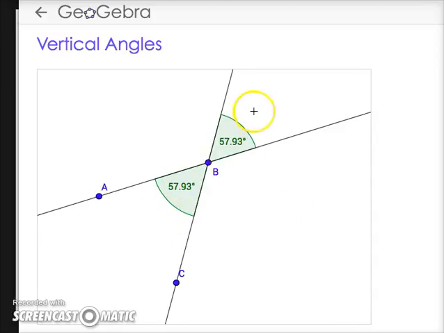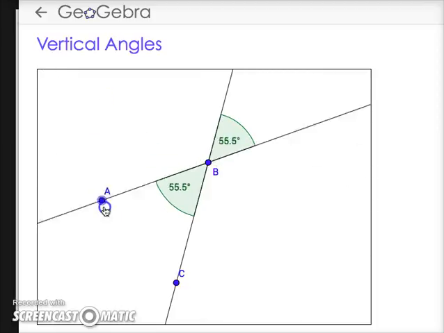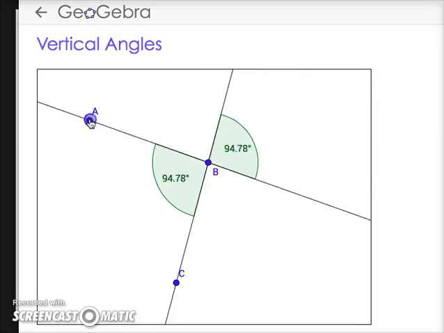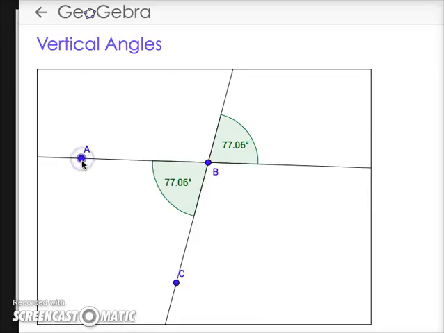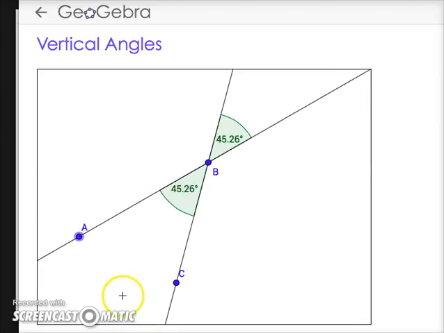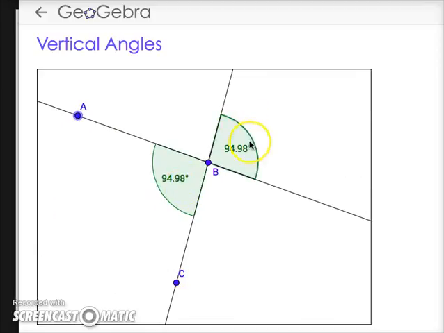One thing that GeoGebra lets you do is, if you construct something according to your guideline, in my case I just constructed two lines that intersect at point B, you can actually drag around the different parts of your diagram and see what happens. So you can see from this demonstration that the measure of these two angles is equal no matter where I drag point A. Still equal now, still equal now.